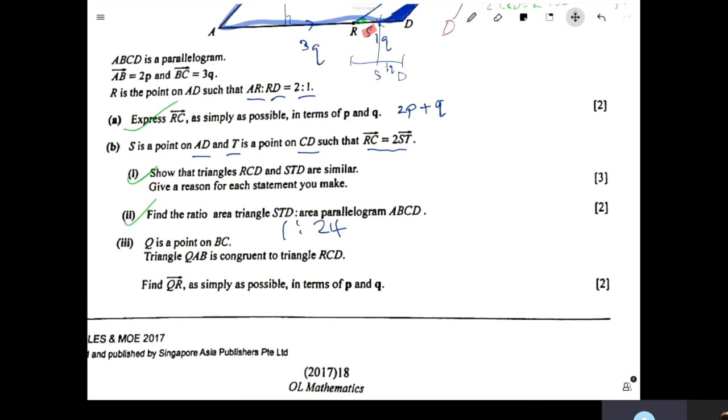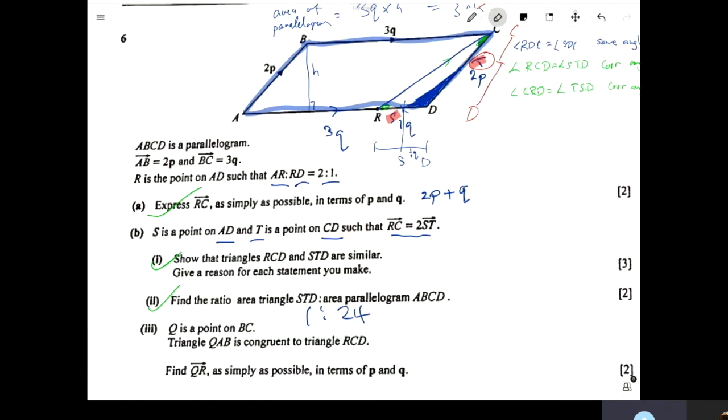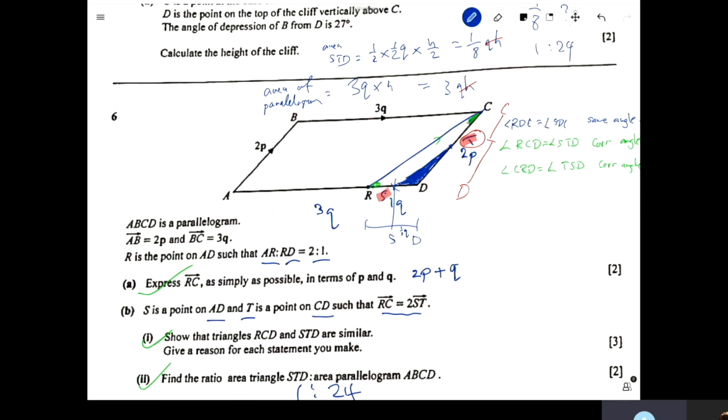Next, Q is a point on BC. Triangle QAB is congruent to triangle RCD. Find QR. Q is on BC. So Q is somewhere here.